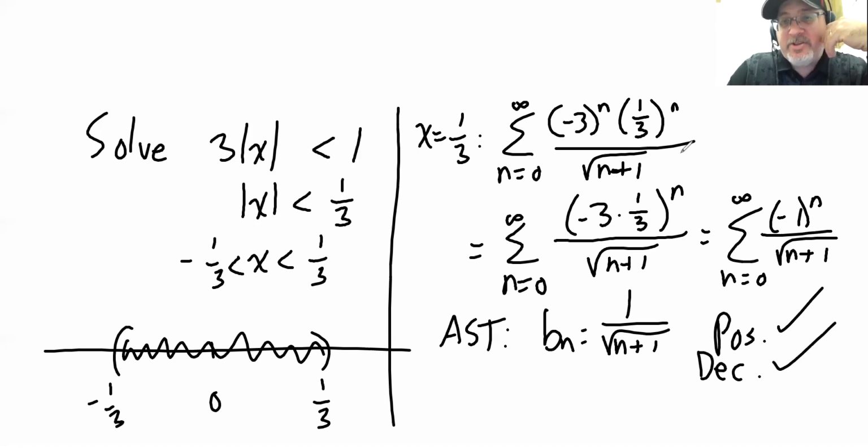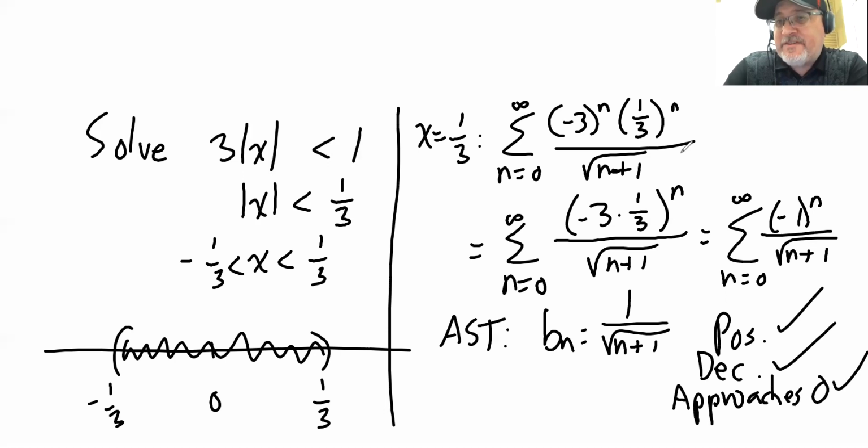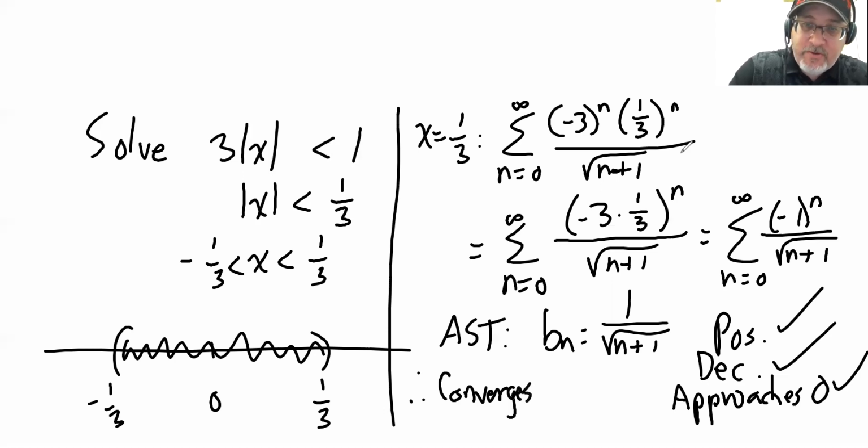That should be pretty obvious because as the n gets larger, the denominator approaches infinity, and so the fraction starts collapsing, and it does approach 0. So this series satisfies all 3 criteria in the alternating series test, and as a conclusion, the series converges. And more specifically, it converges, not converses, converges at x equals 1/3.